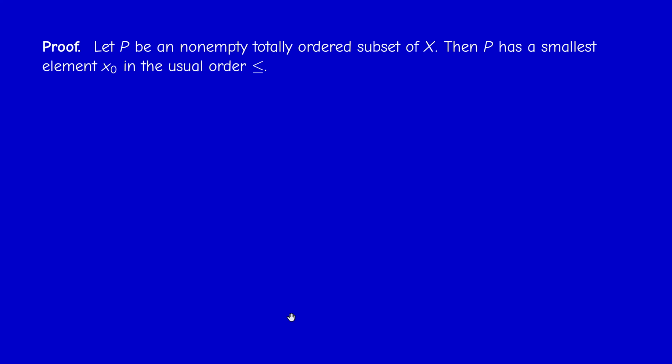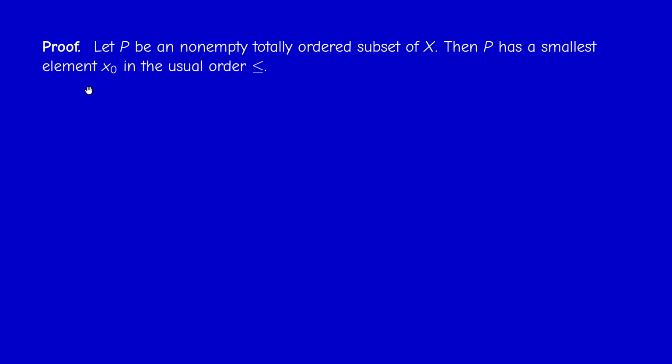So consider a non-empty totally ordered subset P of X. P is a subset of the positive integers, and as you know, every subset of the positive integers has a smallest element in the usual order, not in this order. So here we have two orders on X: the division or inverse division relation and the usual relation, so we use two symbols.